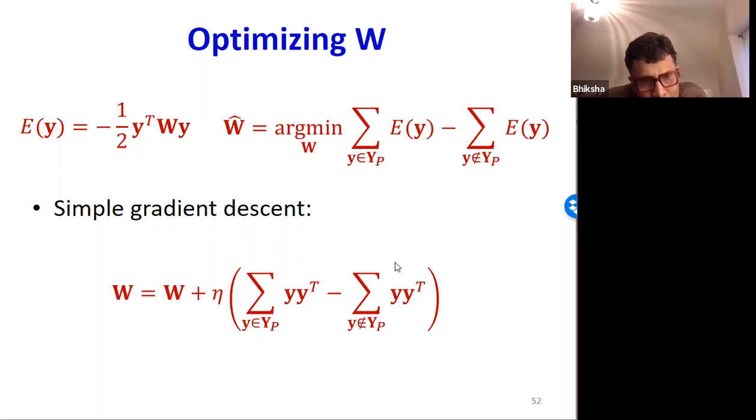And this will give you a simple iterative algorithm to learn the weights that should give you a weight matrix such that your Hopfield network remembers the patterns you want to store and doesn't remember the ones that you don't want to store. Okay.